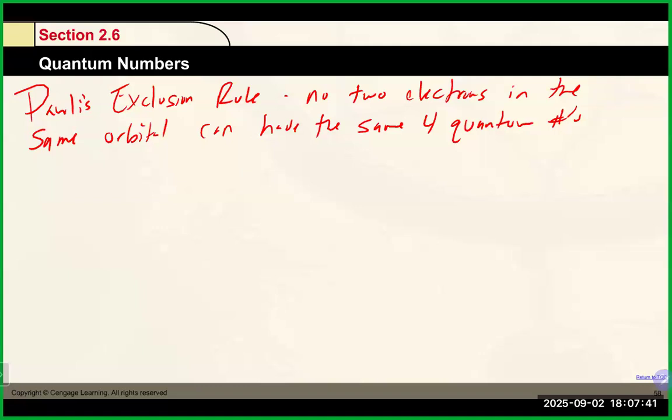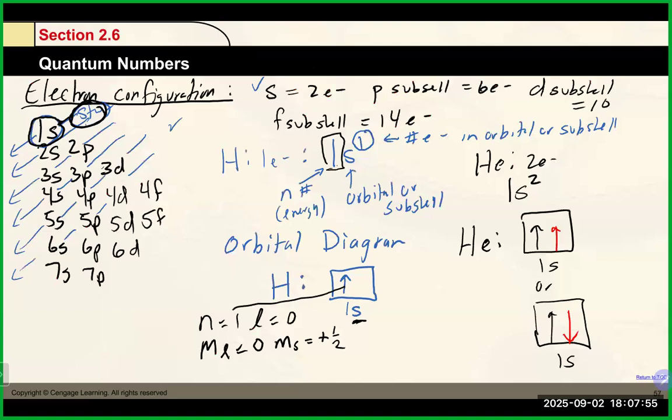So if you have two electrons within the same orbital, they cannot share the same four quantum numbers. So let's take a look at our two options here and see if one violates Pauli's exclusion rule or not.